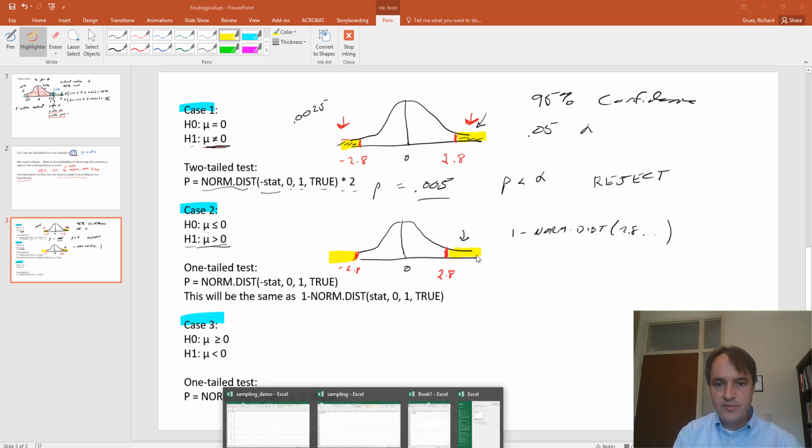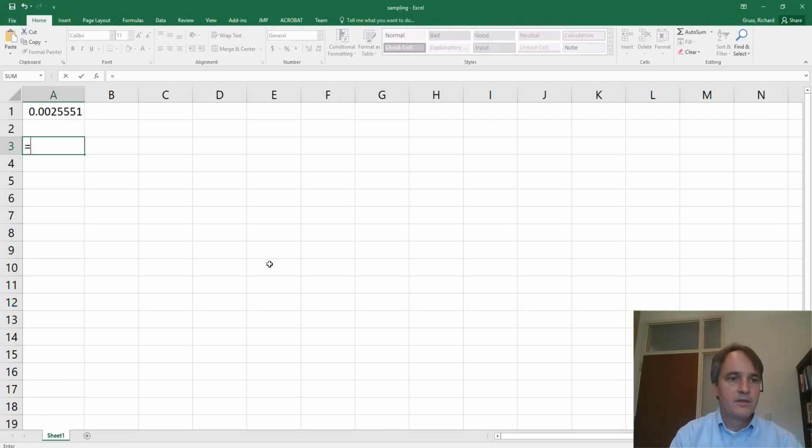Just finding the probability of observing a value over here on the right. So this is going to be 1 minus norm_dist, and our value is 2.8, mean 0, standard deviation of 1, and cumulative is always true. Okay, 0.0025.